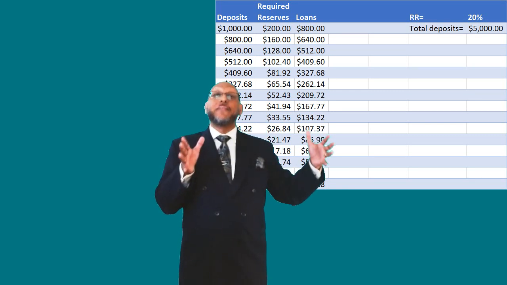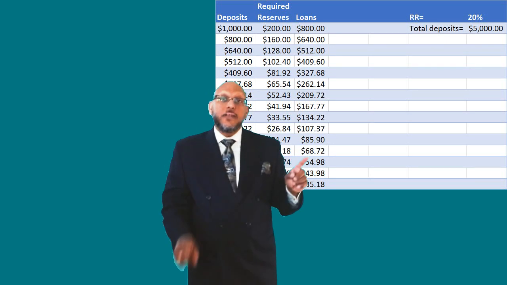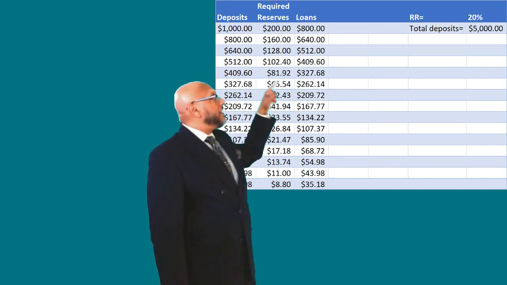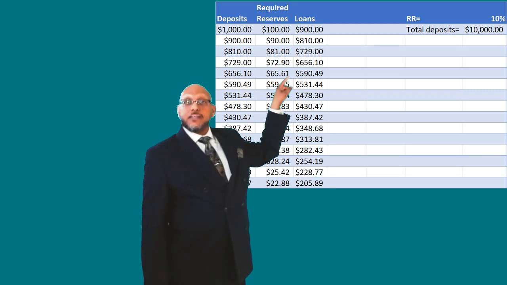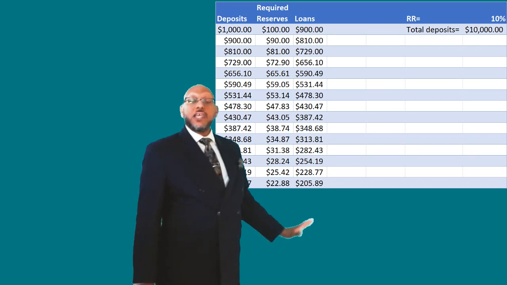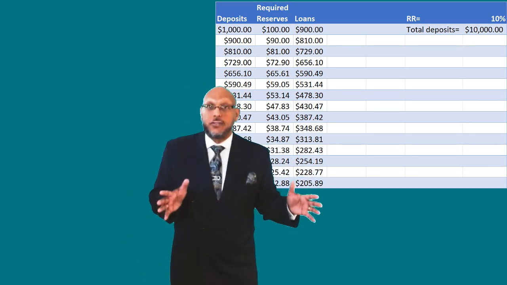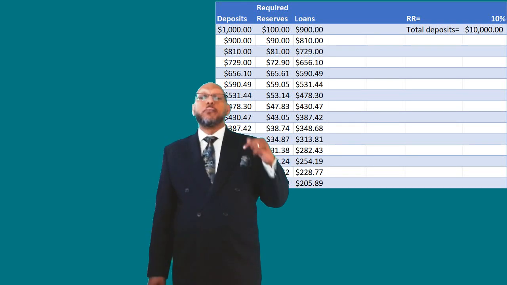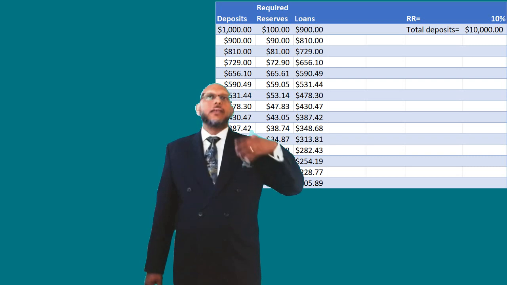to $5,000. What if we reduce the required reserve? I can easily do that right here. I've changed it now, it's 10% versus 20%. Now, you see that the numbers have changed. That $1,000 has grown to $10,000. 1 over 0.1, or 1 over 1/10, is 10.